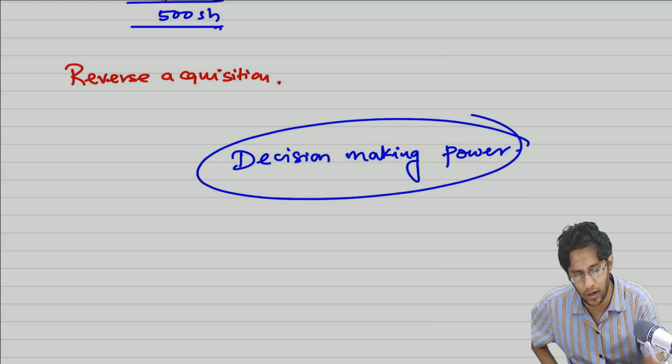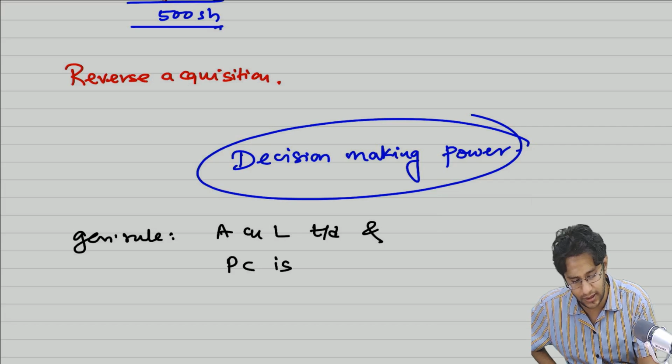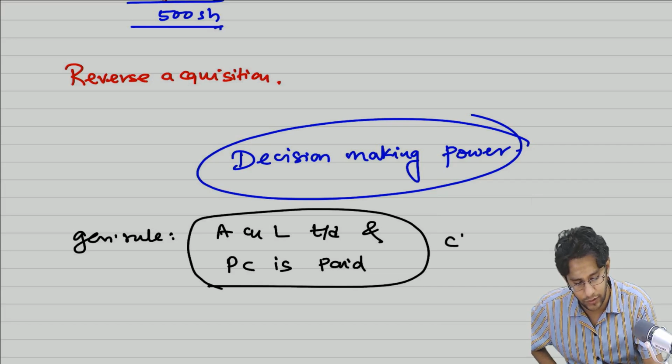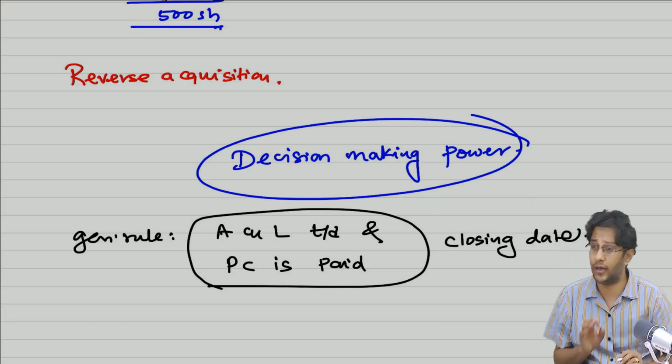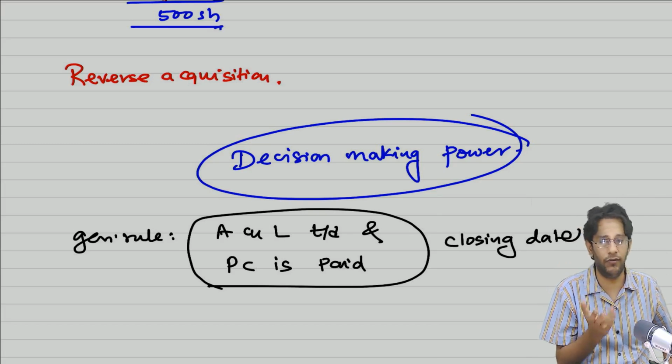Now, general rule is, when assets and liabilities are transferred and PC is paid, this date, which we also call the closing date, is the date on which control is transferred to the acquirer. So this only will become the acquisition date.